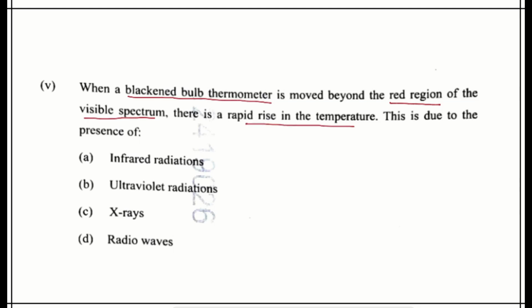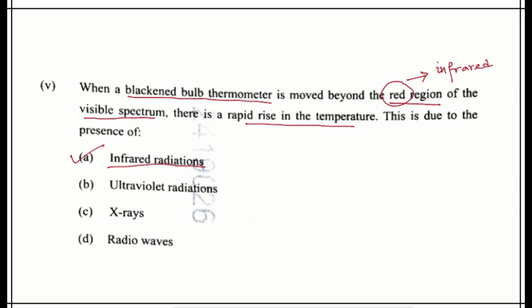This is due to the presence of, after the red region we get infrared according to the frequency. So in this case it will be infrared. Options are option A infrared radiation, option B ultraviolet radiation, option C X-rays, and option D radio waves. So our answer will be option A, infrared radiation.